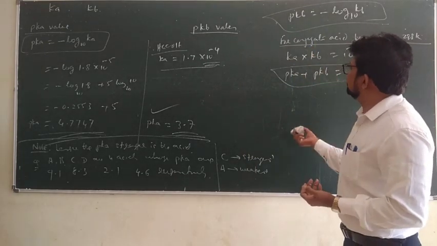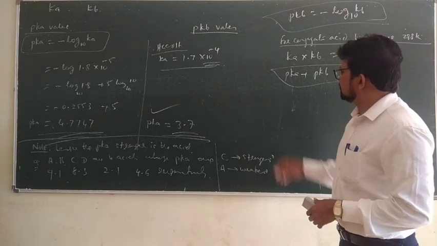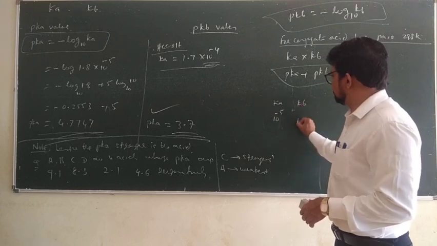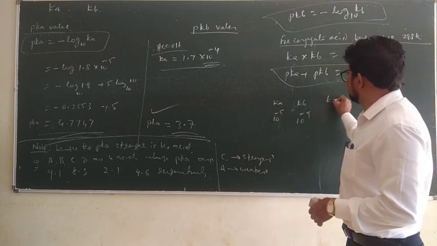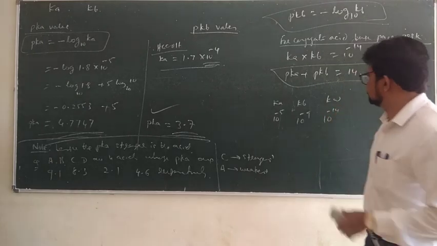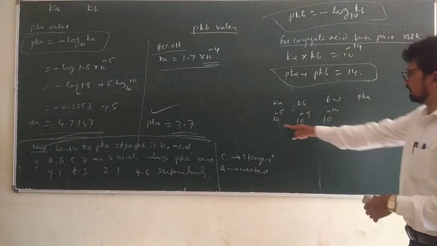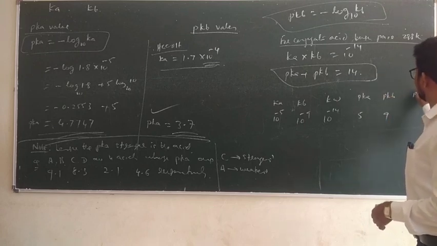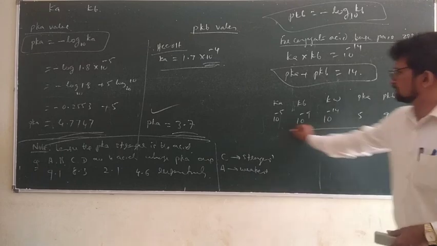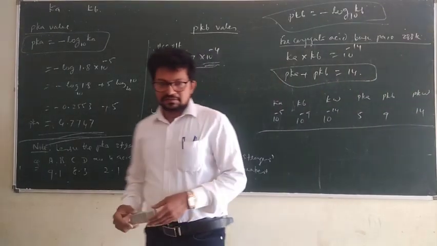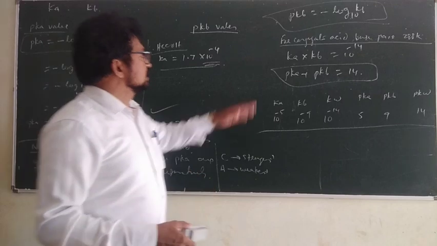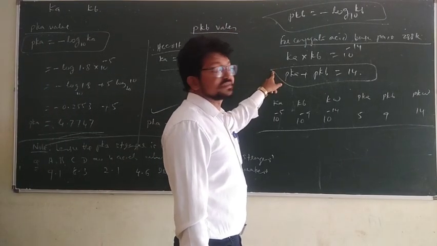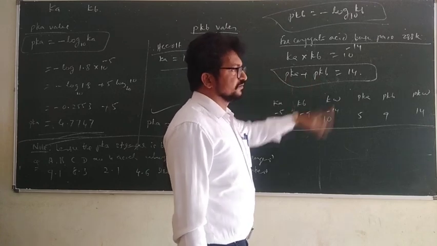If you know Ka and Kb, you can find pKa. For example, Ka is 10 raised to minus 5. What about Kb? 10 raised to minus 9. Then what about Kw? Minus 14. What about pKa? When you take the negative logarithm, 5. What about pKb? 9. What about pKw? It is 14. Hope you are following. Ka into Kb is 10 raised to minus 14. For a conjugate acid base pair, pKa plus pKb is 14.